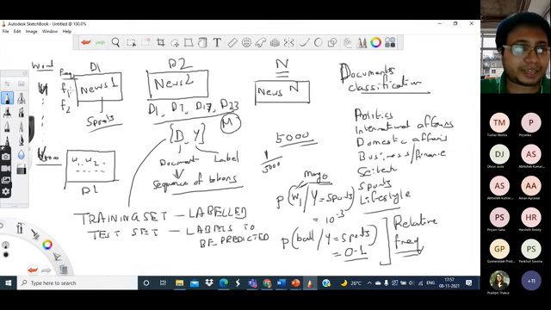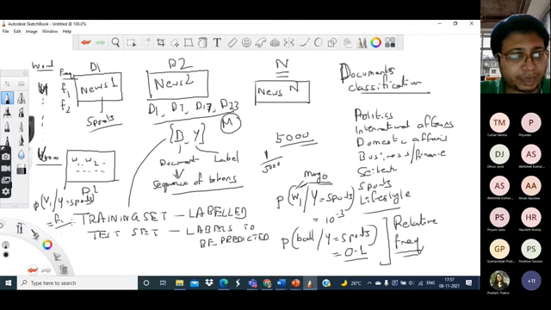Then the probability of the word V1 under the label sports is equal to F1 by M. Why F1? Because that is the number of times the word V1 appeared in these 4 documents. And why M?